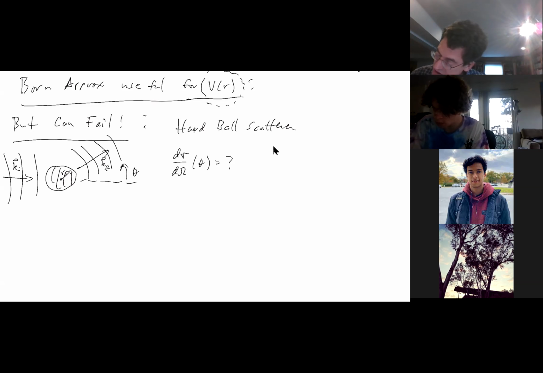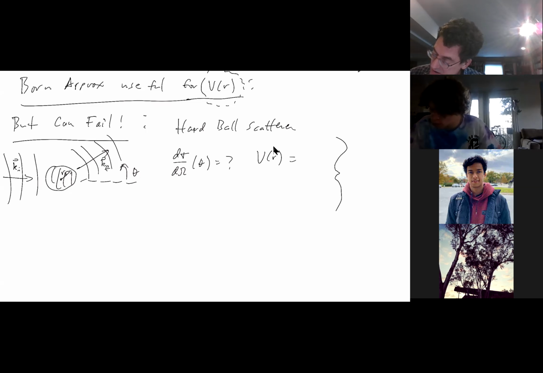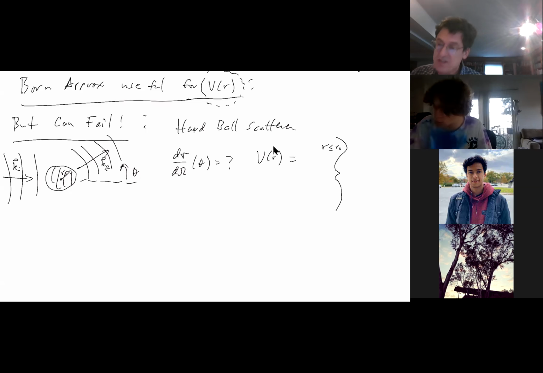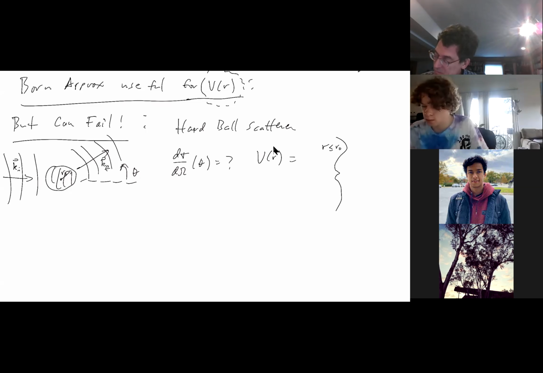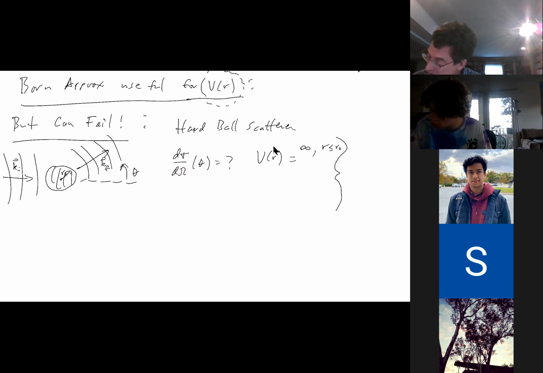But now for the hardball scatterer, my potential looks like this. For R less than or equal to R naught, what do you think the potential is equal to for a hardball scatterer, a billiard ball? Infinite? Exactly. Right, because you can't get in. But what happens if R is greater than R naught? What is it? Someone tell me.